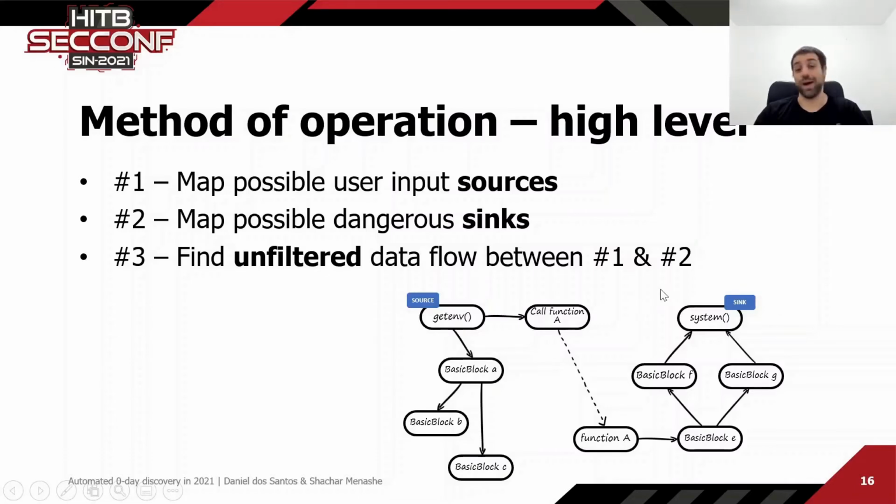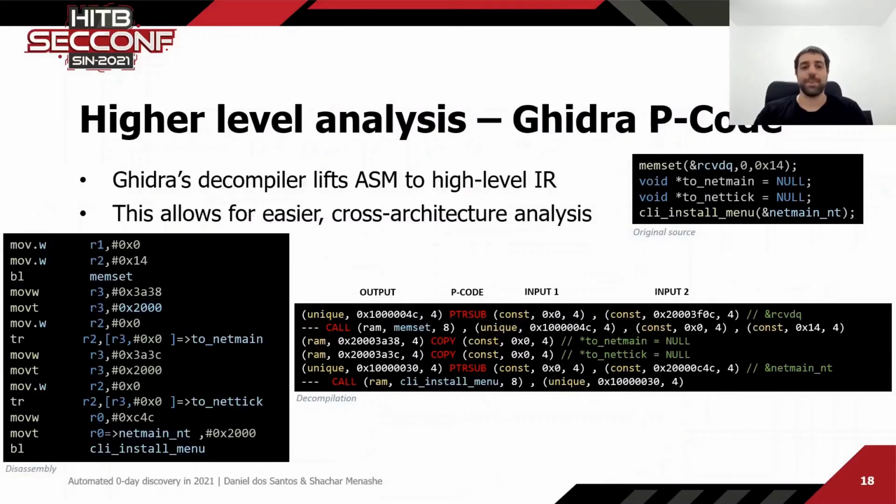So let's start from the beginning chronologically. The first step is to convert the ASM, the raw assembly, into a fairly high-level intermediate representation. It's not source code, but it's fairly high level. For example, here on the upper right corner, you can see the original source.